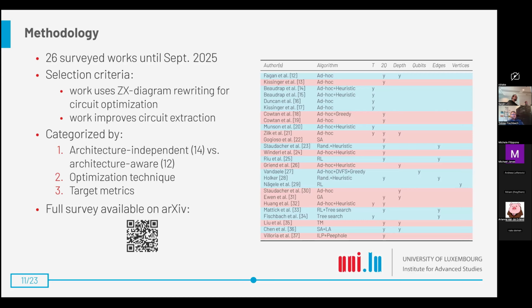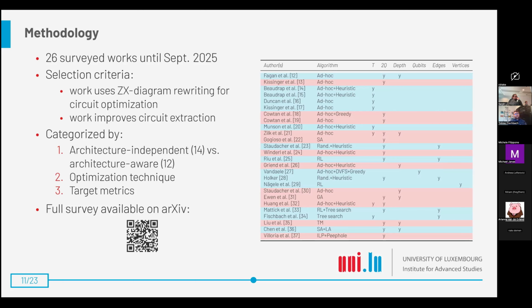And in the end, I went through and had 3 categories. On the one hand, I differentiate, are we architecture independent or are we architecture aware? And as you see, it's roughly half and half. 14 works were architecture independent, 12 works architecture dependent.